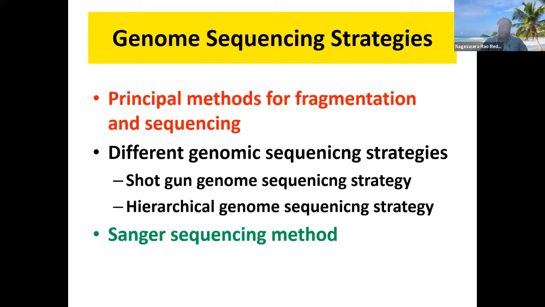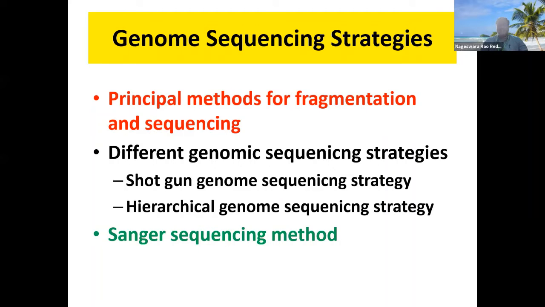Okay. And coming to the hierarchical genome sequencing strategy, we have followed a different strategy. First, the genome is broken down systematically into smaller fragments, into 33,000 clones, and they're cloned in BACs. Then they're mapped to the human genome, and after that, they are sequenced.